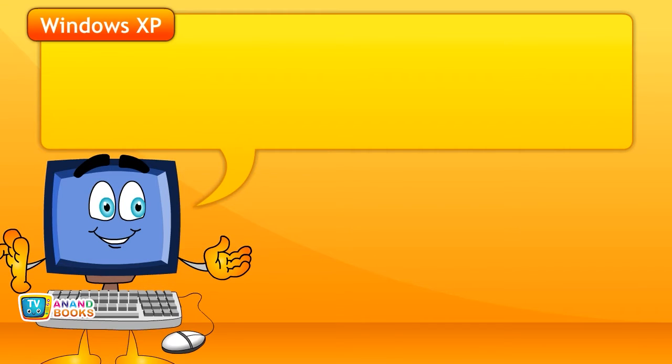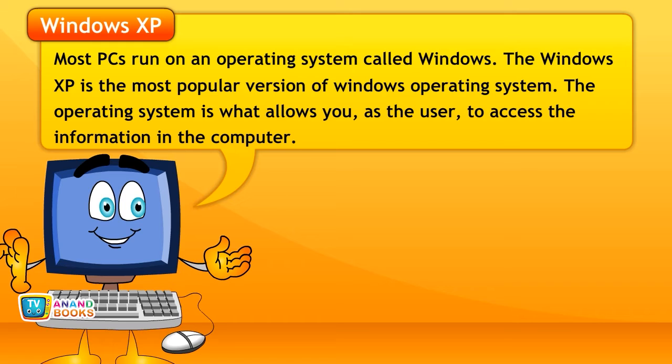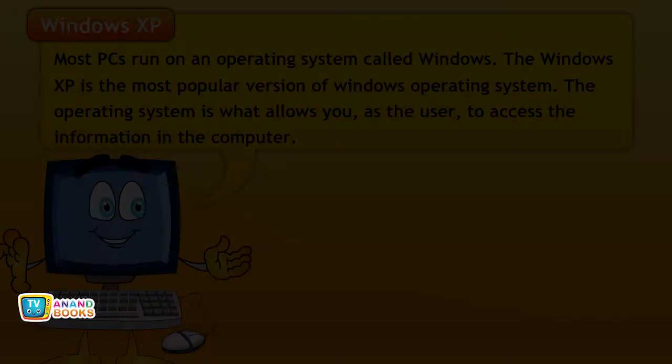Windows XP. Most PCs run on an operating system called Windows. Windows XP is the most popular version of the Windows operating system. The operating system is what allows you as the user to access the information in the computer.